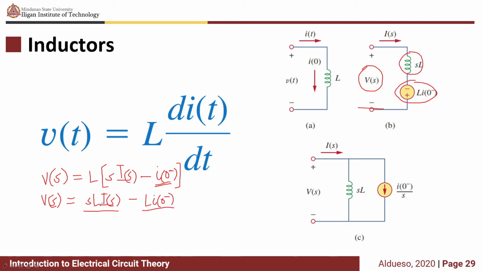Or if we express this in terms of I(s), we have V(s) over sL plus i(0-) over s.